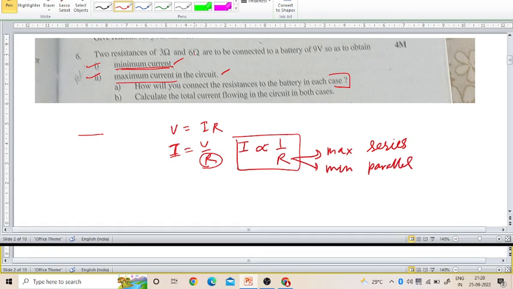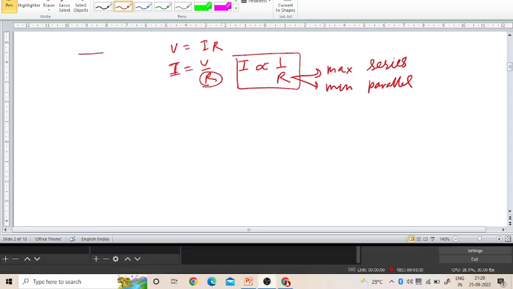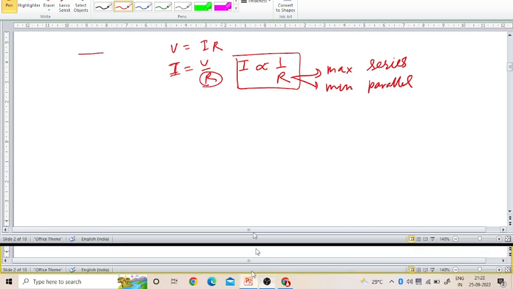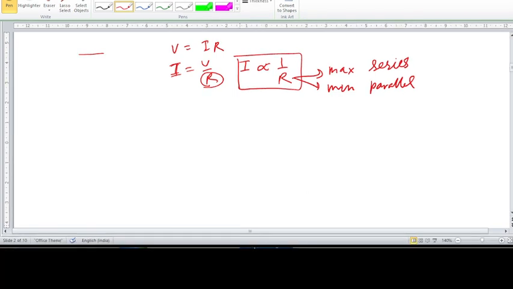So 3 ohm and 6 ohm with a 9 volt battery. To have minimum current, for minimum we have to connect it in parallel.